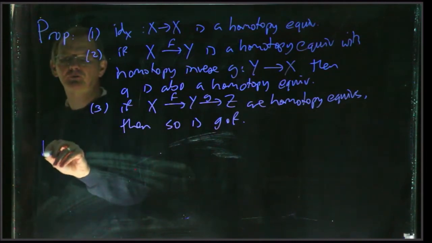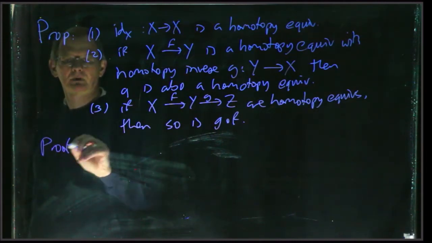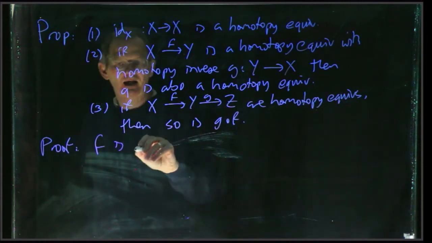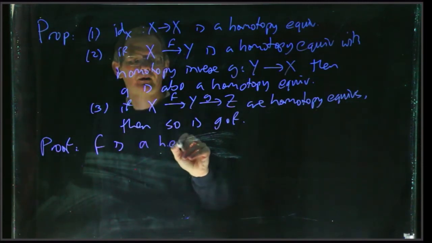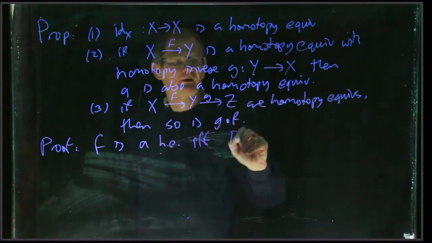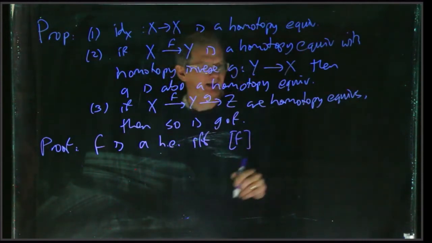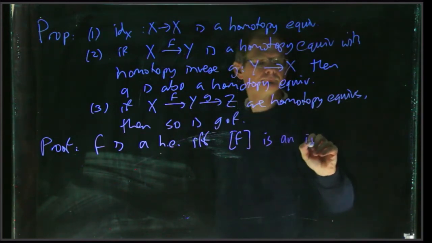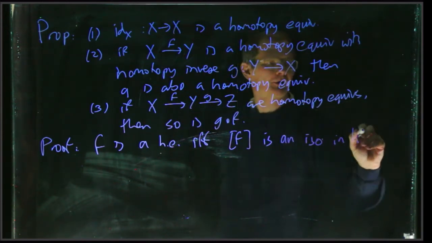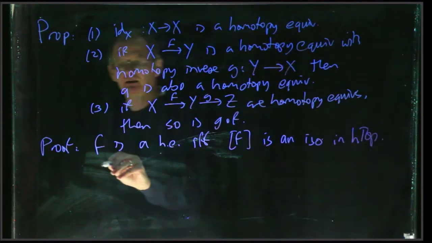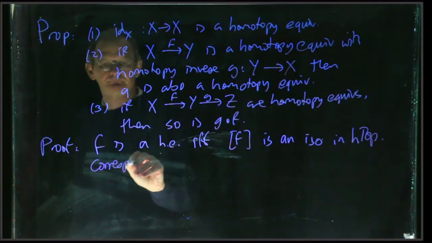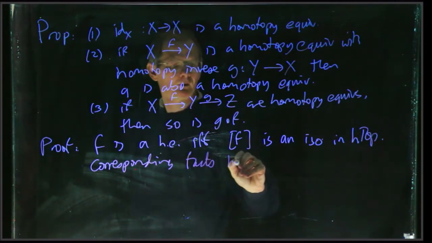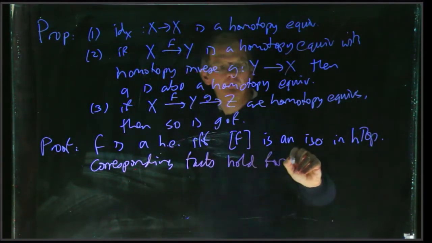And the proof of that is to say f is a homotopy equivalence if and only if the square bracket f is an isomorphism in the category H top, and the corresponding facts hold for isomorphisms in any category.